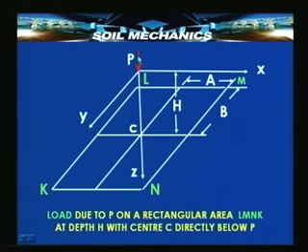Here we have the concentrated load, and we have a finite area LMNK, the center of which is directly beneath the point P. Now, we already know how to calculate the stress at a point C directly beneath P. If this happens to be the center of a rectangular area of finite dimensions, then we can apply this formula repeatedly, or the integral of this, to find out the total load on that finite area denoted by LMNK of dimensions 2a by 2b. We had seen an example of how to do this in the last lecture.